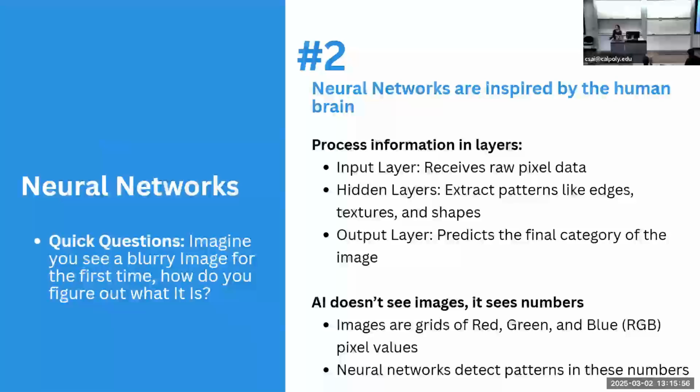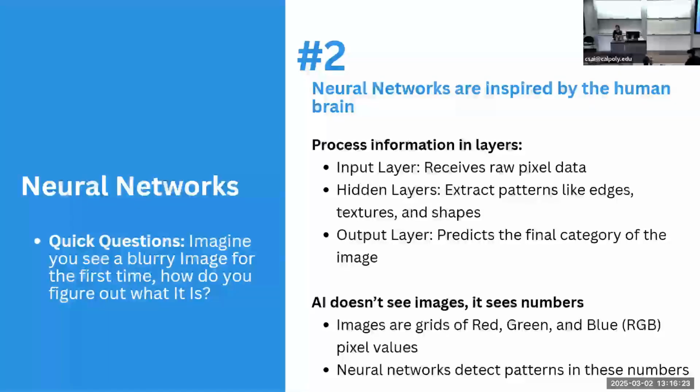Each neuron takes an input and applies a mathematical function, and then passes that result to the next layer. Instead of recognizing objects immediately like humans, the AI interprets images as a grid of numbers, where each pixel has a value of red, green, or blue.